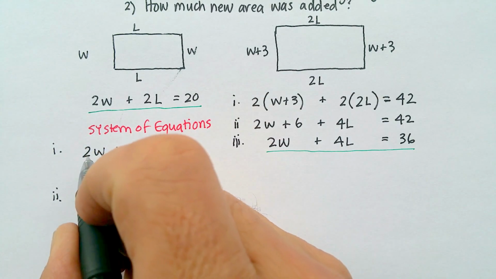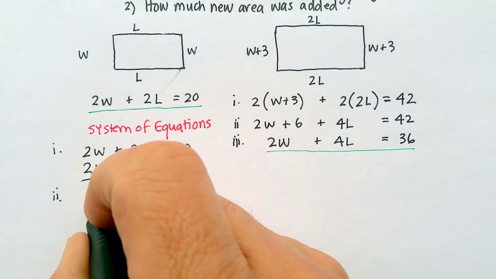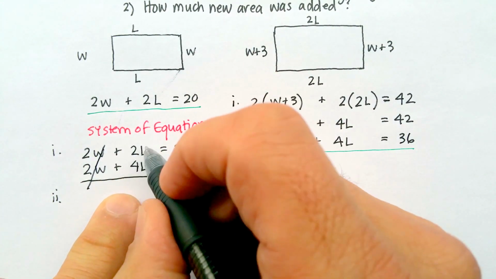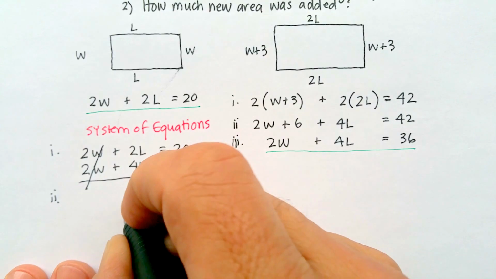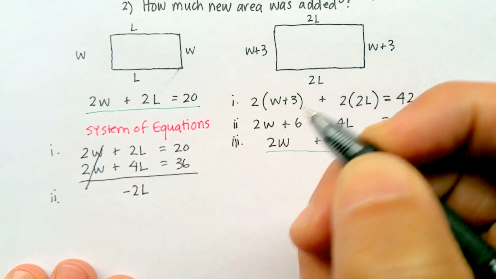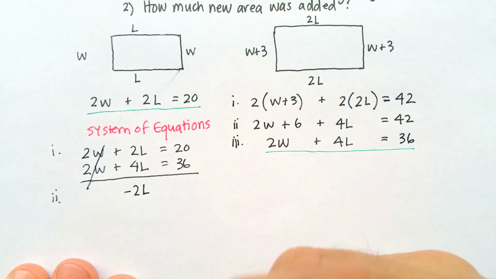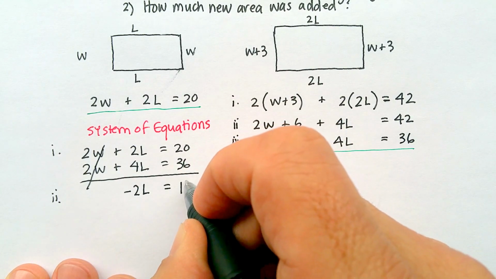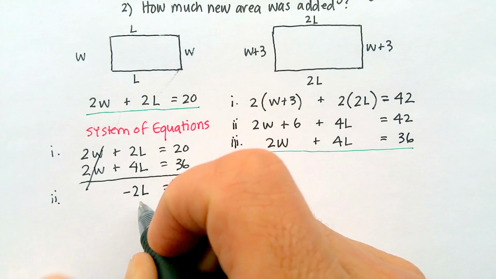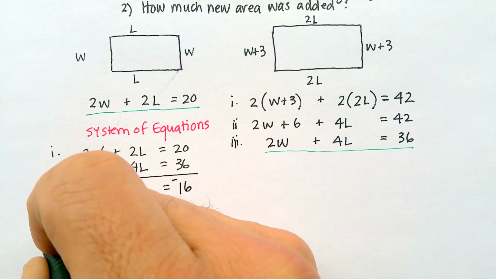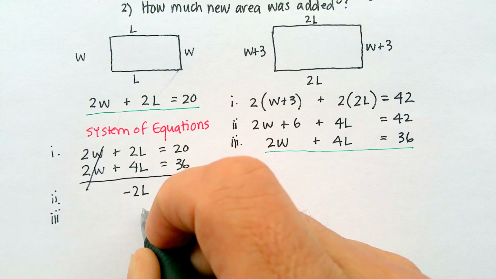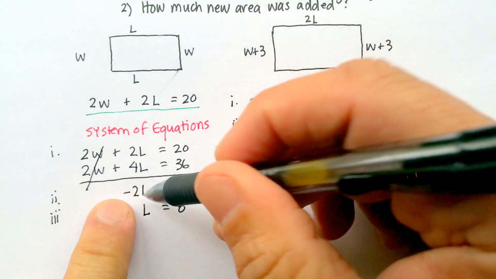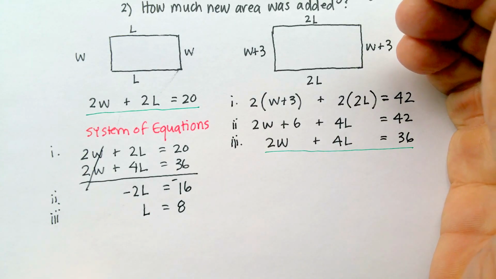I can subtract these. 2W minus 2W is just 0, so these just eliminate. 2L minus 4L is a negative 2L. 20 minus 36 is negative 16. I'm going to divide both sides by a negative 2, and I'm going to get L is equal to a positive 8, because negative divided by negative is positive.